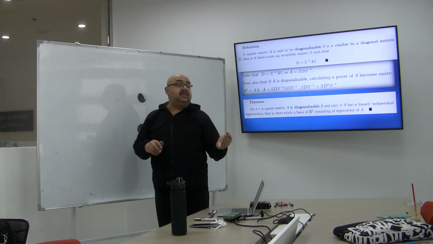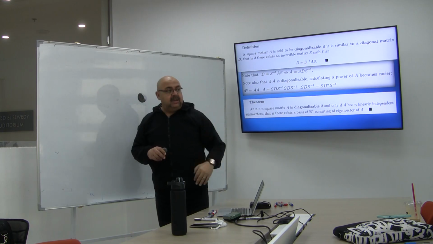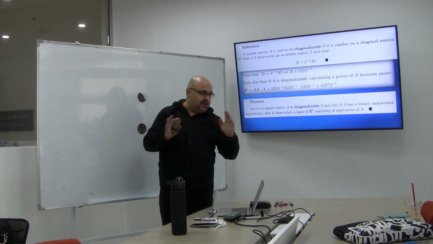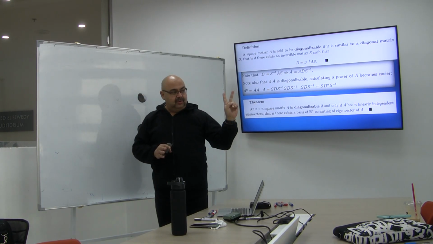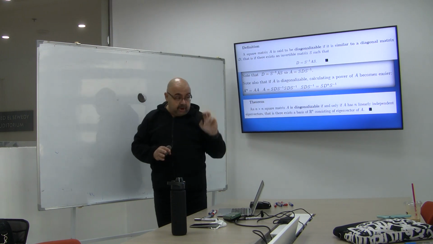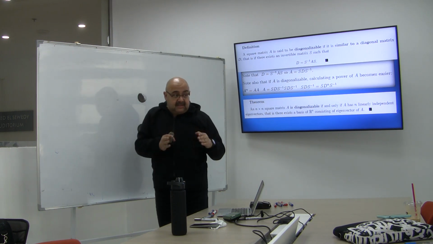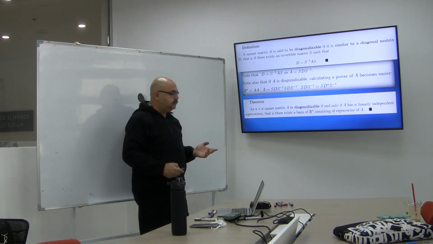So if I have a 3 by 3 matrix and you have linearly independent eigenvectors, those eigenvectors will form a basis for R3. If you have a 2 by 2 matrix, it's a part of R2, right? So if the eigenvectors are linearly independent, these eigenvectors will represent the basis for R2.